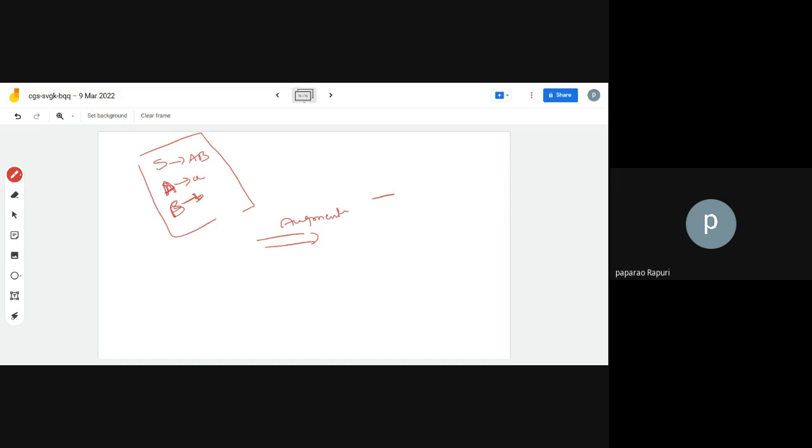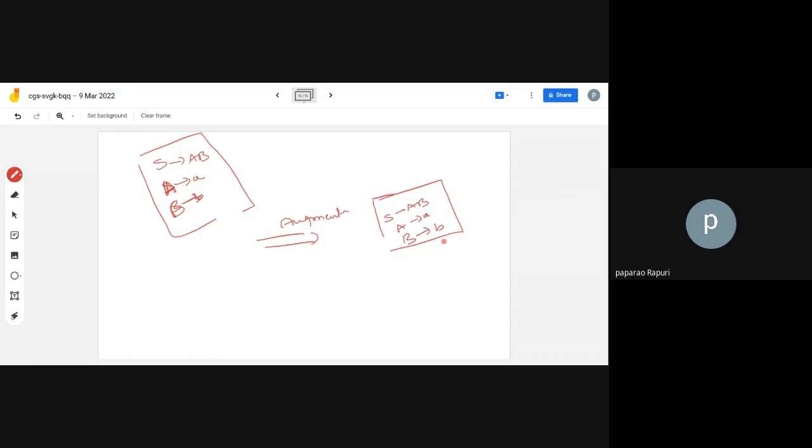Sir, what is augmented grammar? Augmented grammar means we need to add a new production for the given grammar. The given grammar is S derives AB, A derives small a, and capital B derives small b.